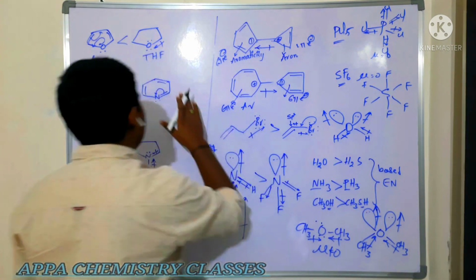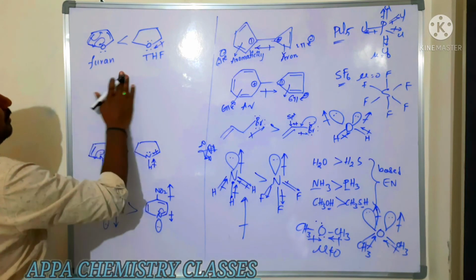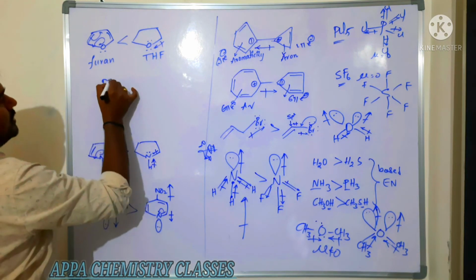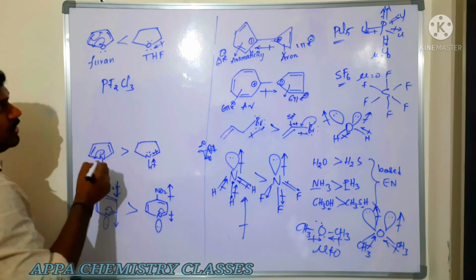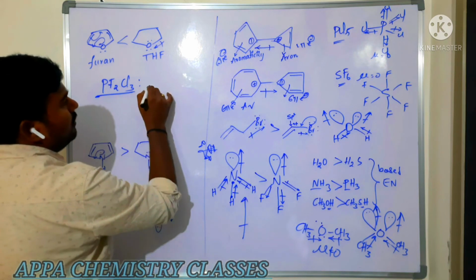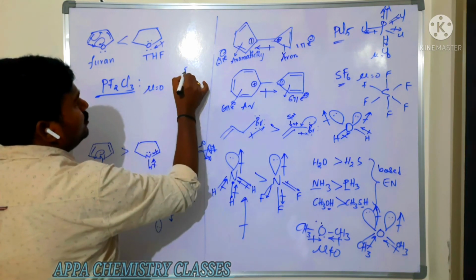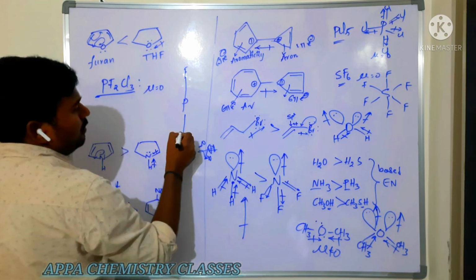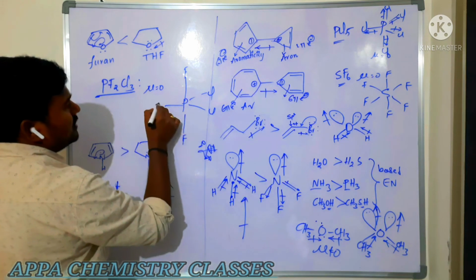And also most important, you can take phosphorus difluoro trichloride, PF2Cl3. This molecule is also very, very important. What is the dipole moment of this molecule? It is equal to 0, when the two fluorines are perpendicular to the plane and the three chlorines are present in the plane.